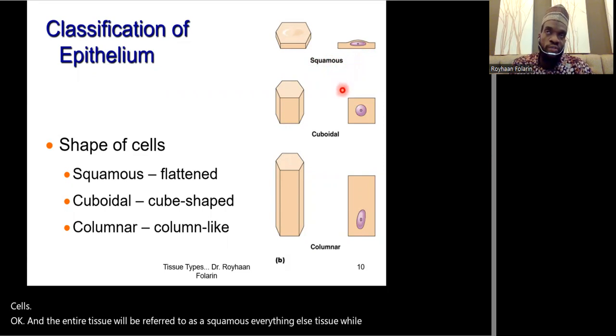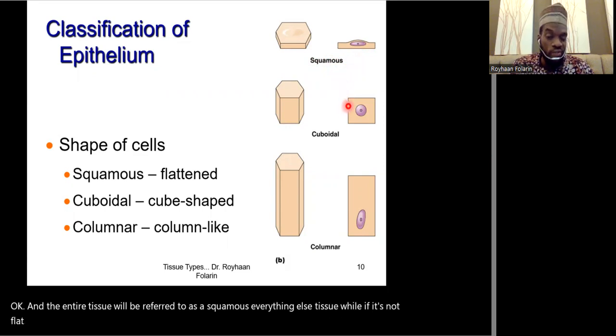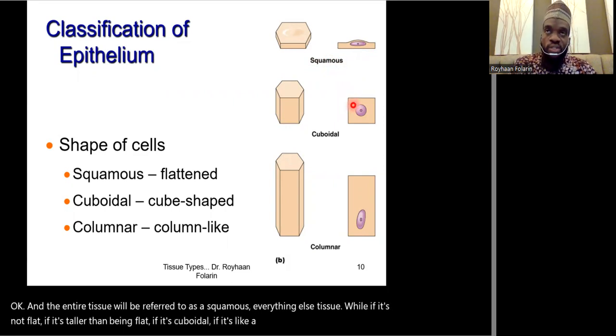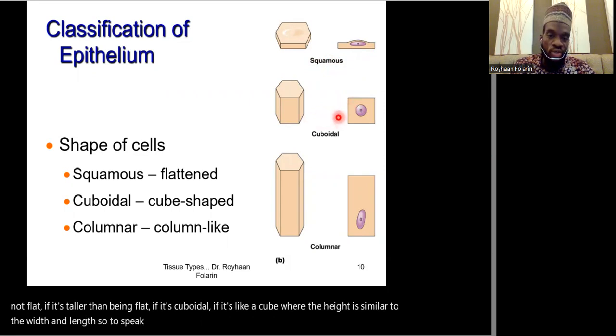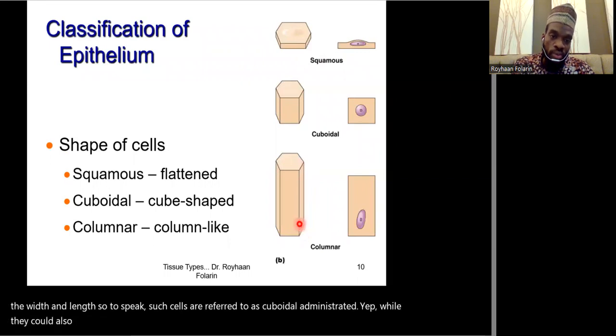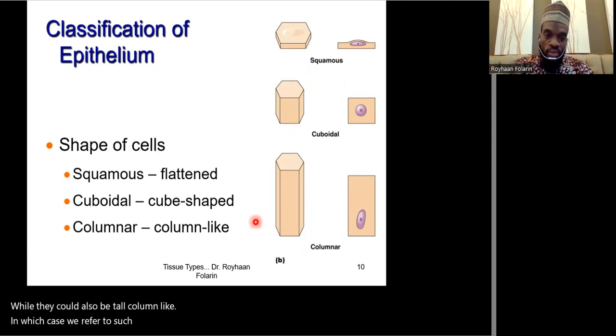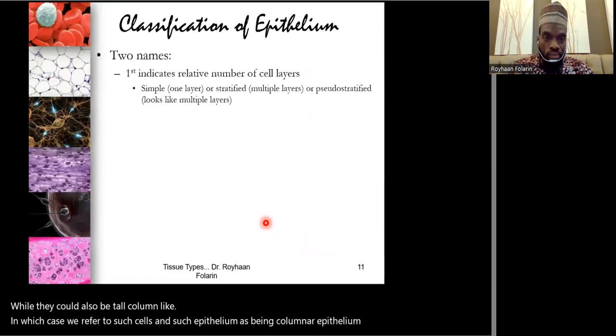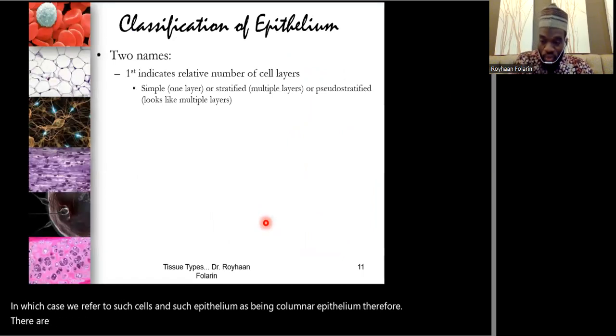While if it's taller than being flat, if it's cuboidal, like a cube where the height is similar to the width and length, such cells are referred to as cuboidal, as illustrated here. While they could also be tall, column-like, in which case we refer to such epithelium as being columnar epithelium.